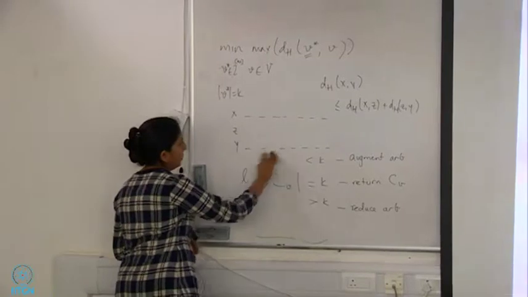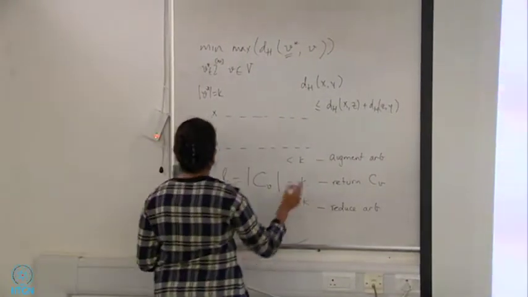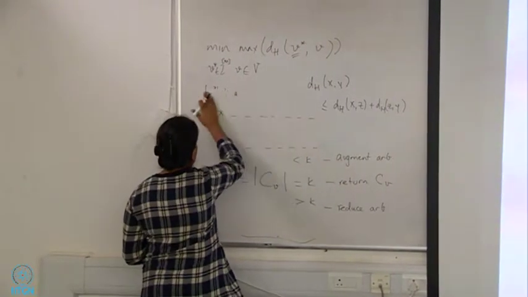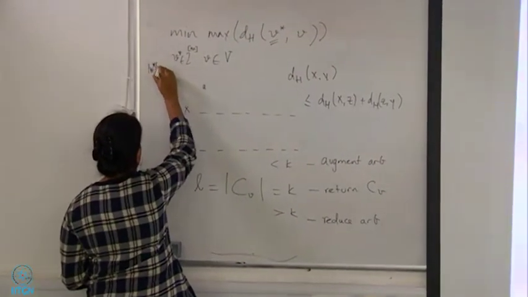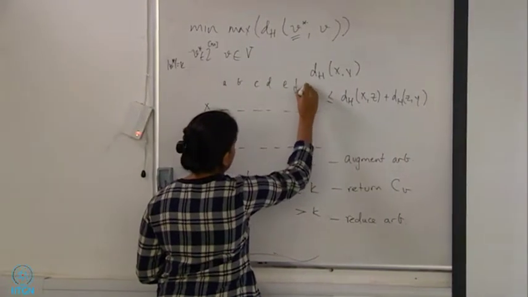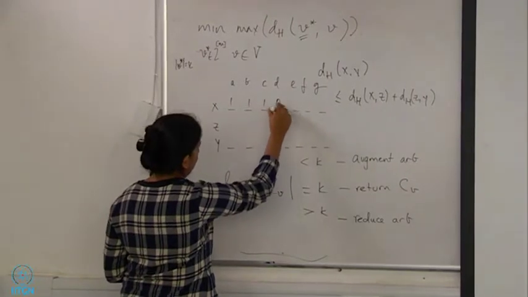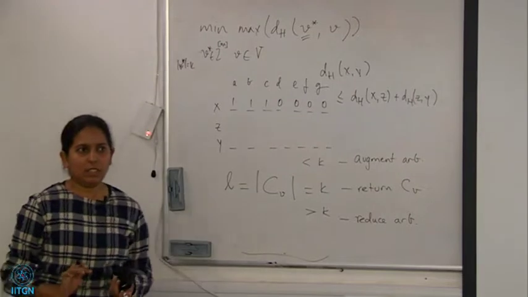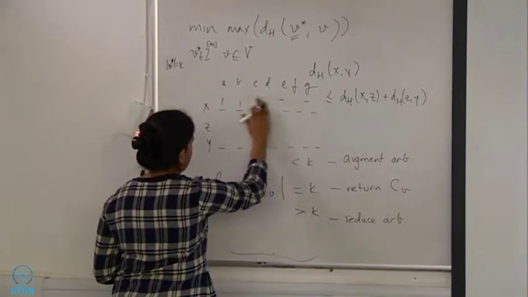Just think of these as 0, 1 vectors over the universe, right? So if my set is ABC, then the characteristic vector is going to be 1, 1, 1, 0, 0, 0, 0, and so on. It's just standard notation for denoting subsets.